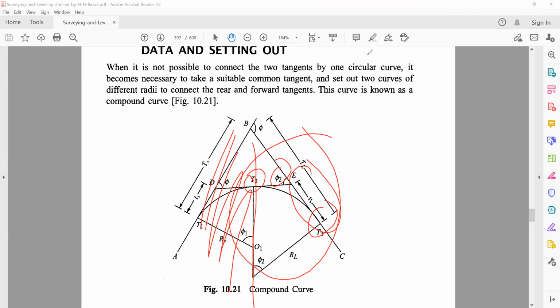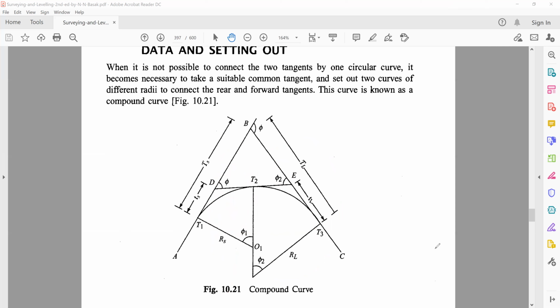What's different in this curve is that when you combine them, you have some additional equations that you can use. So one additional thing that we can use is this line DE. Now, T1D and DT2, these are tangents of the first simple circular curve.